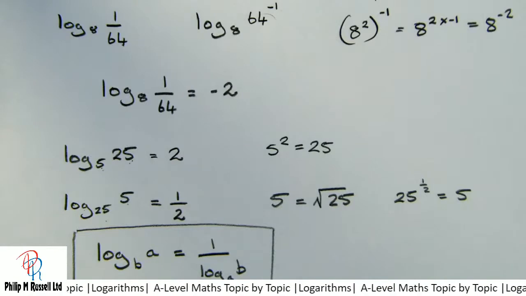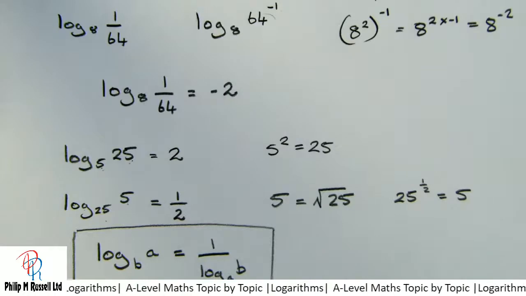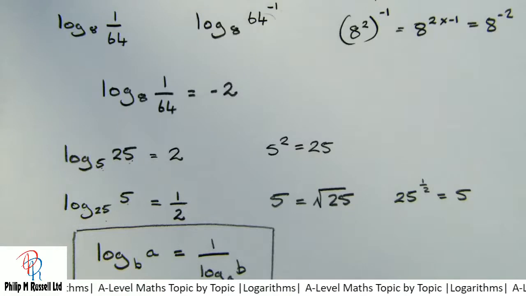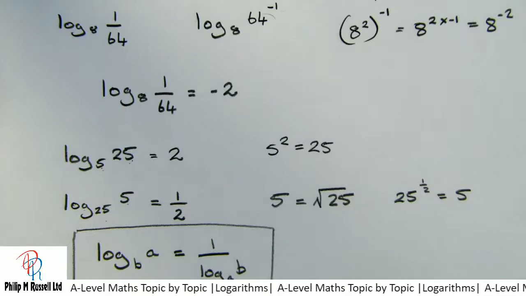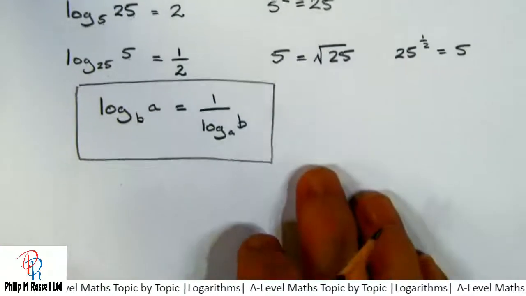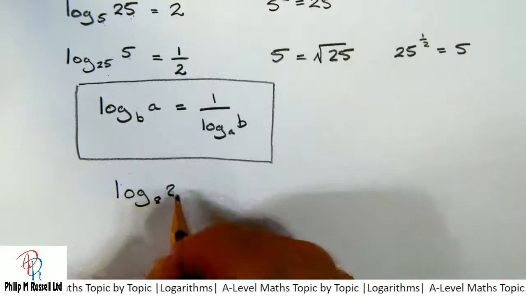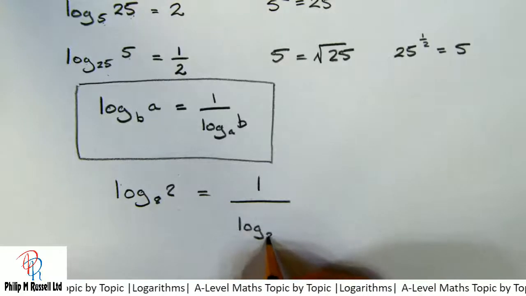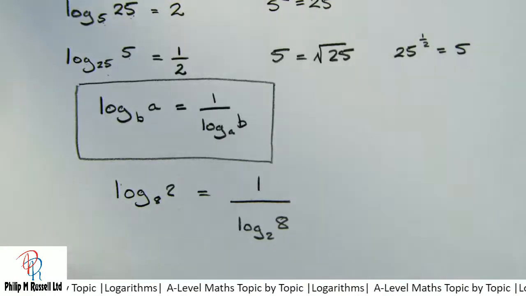The problem is they forget them simply because they've got a calculator, and they think they don't need to remember some of these logs, but in fact they become really useful. So if I want to write one of these out, we've simply got something like log to the base 8 of 2 would be the same as 1 over log to the base 2 of 8. So we can just write that one out very simply.